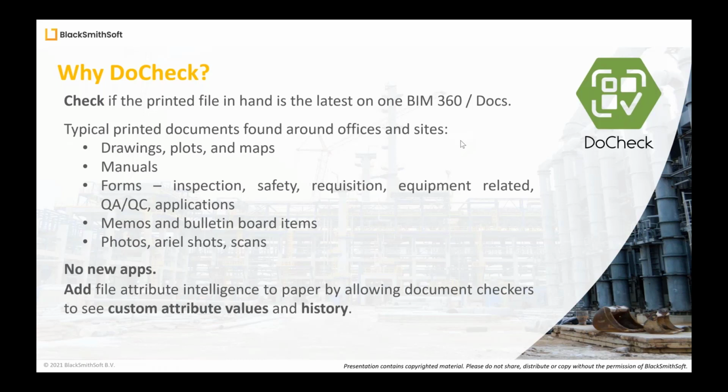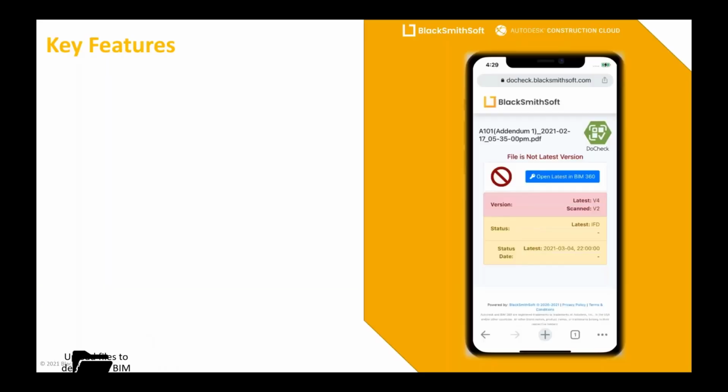And this is why we've allowed this checker to include these. So the key features inside of DocCheck is that, firstly, it allows users to upload files to designated BIM 360 and Docs folders.